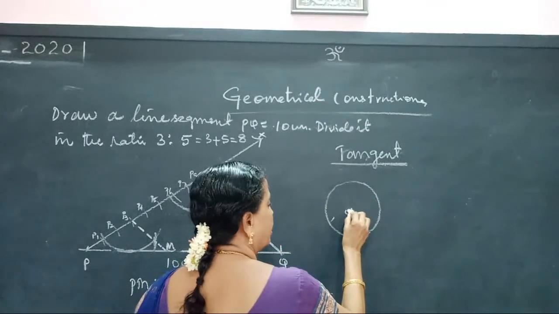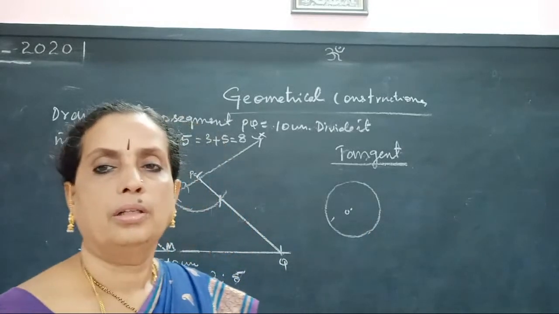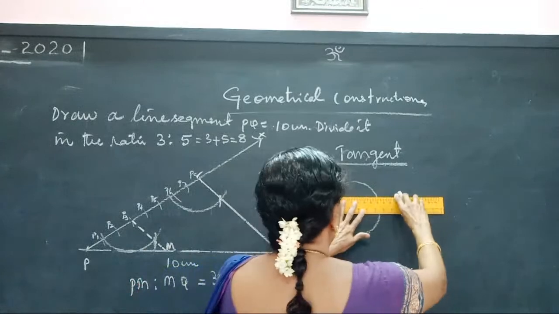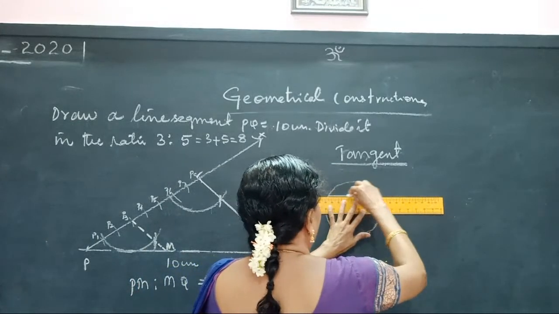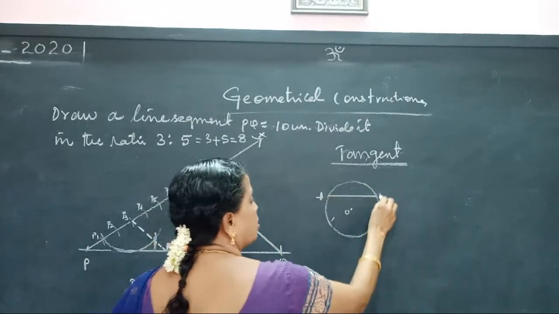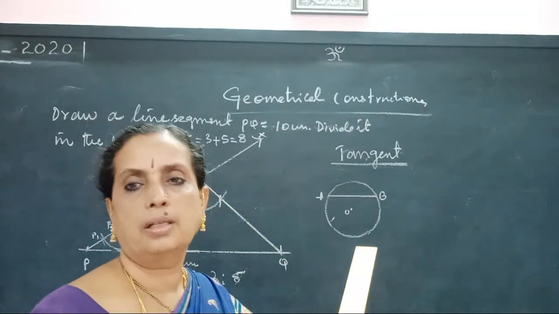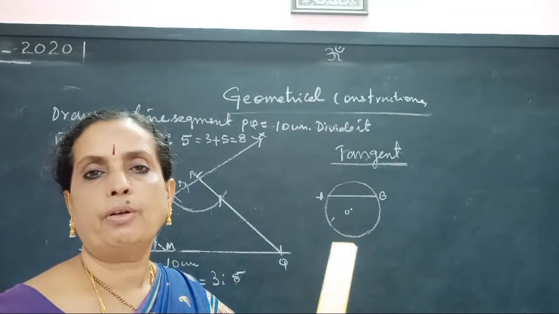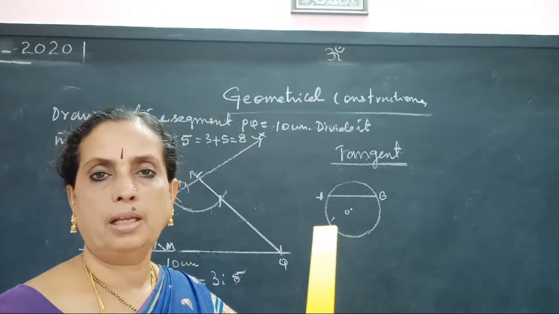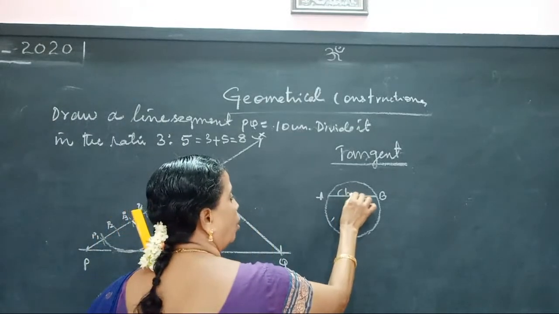This is a circle with center O. Now, if I draw a line segment taking 2 points on the circle, what do we call this? It is a chord.